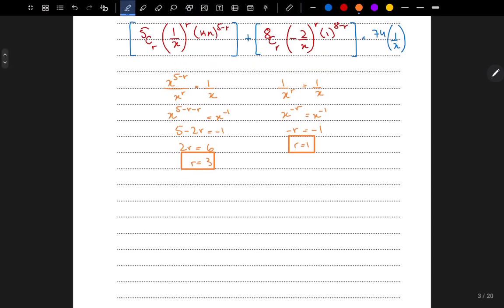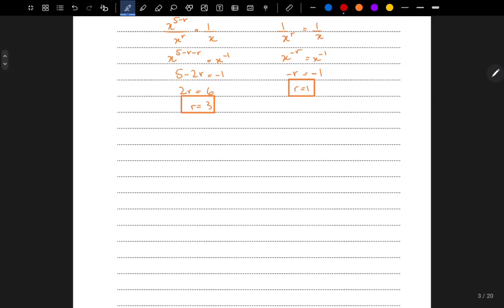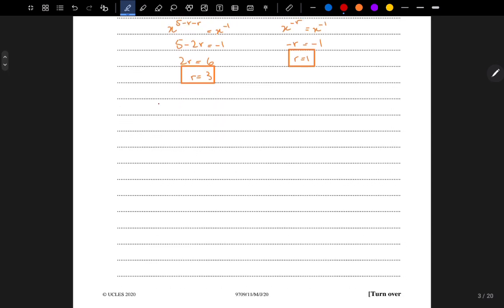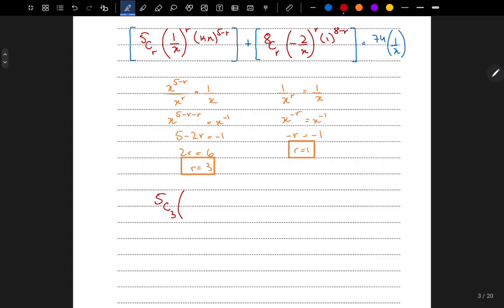So if you copy down the formula from above, we can write this as 5C3 (1 upon x) cubed into (kx) squared, since 5 minus 3 gives us 2.